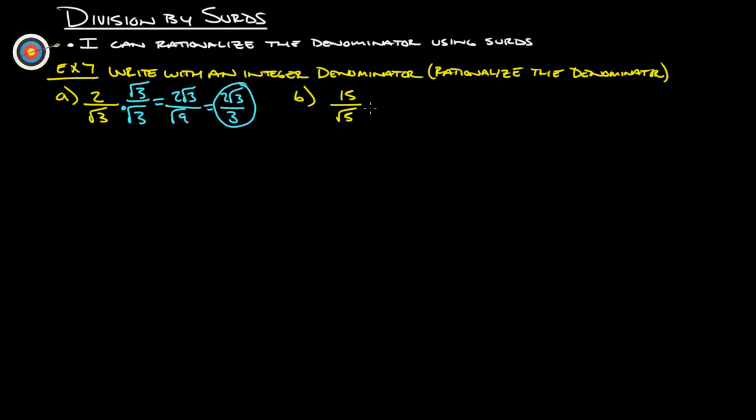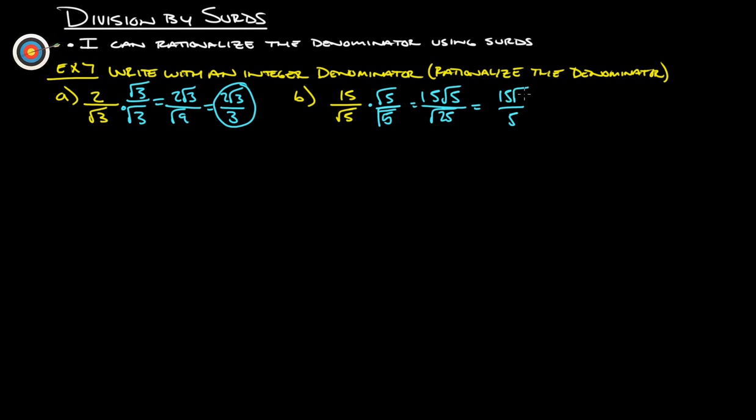Same thing over here. 15 over root 5. We're going to multiply by root 5 over root 5. 15 times root 5 gives us 15 root 5. Root 5 times root 5 is the square root of 25, which we hopefully know as 5.